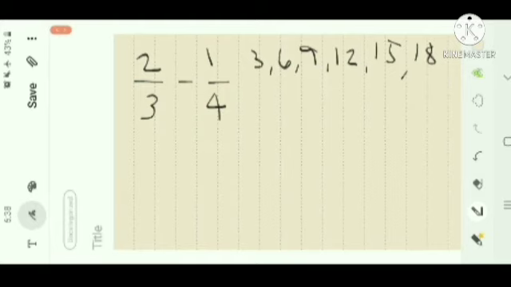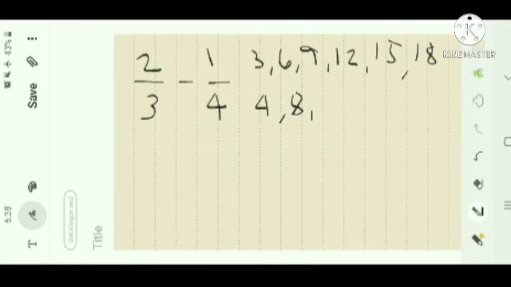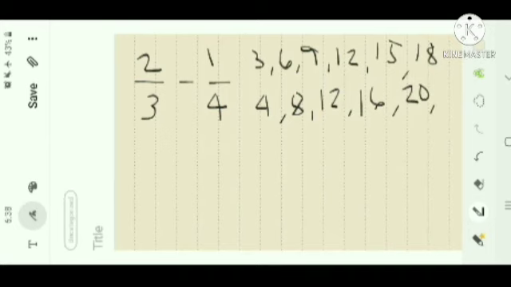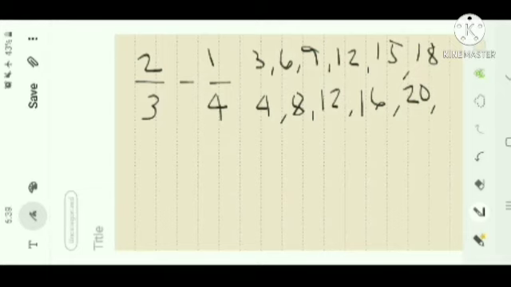For our denominator 4, multiples are 4, 8, 12, 16, 20, and so on. Okay? So as you can see here, meron na agad tayong least common multiple. That is 12. Common sila sa 12.